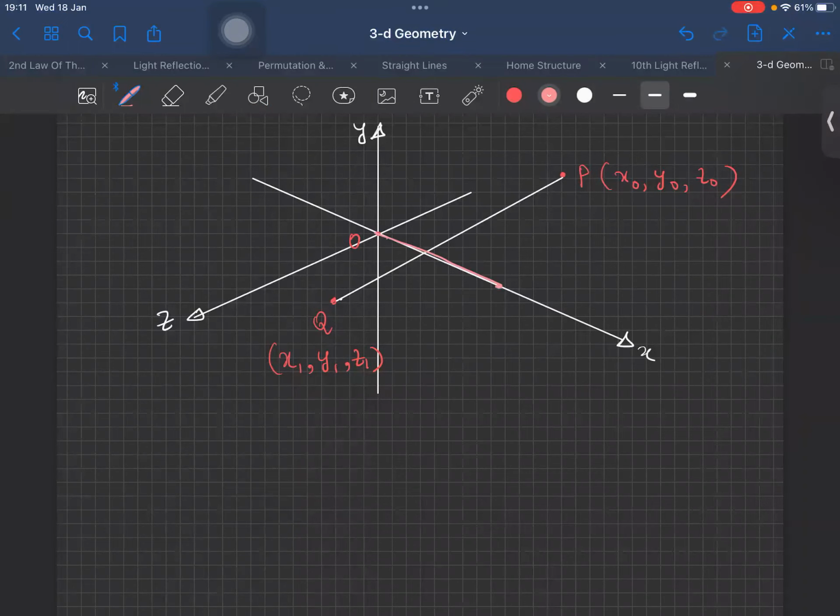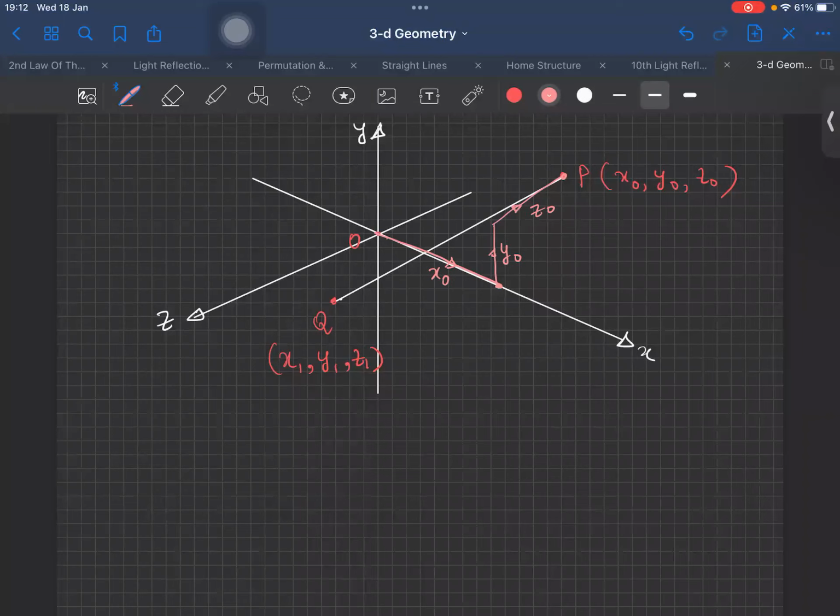Then how much you are traveling in the y direction, let's say to this point, and then in the z direction. So this distance is x0, this is your y0, and this is your z0, right?